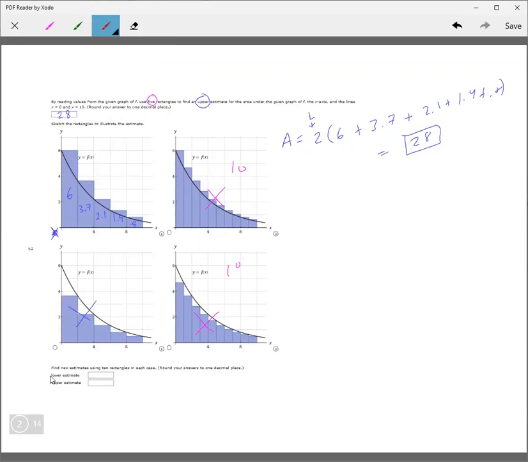Next, they ask to find new estimates using 10 rectangles in each case. Here they want a lower estimate, so we'll use this one for the 10 rectangles under the curve. Again, you just try to figure out what those are. This looks about 4.7.